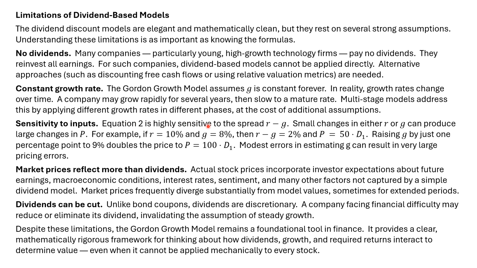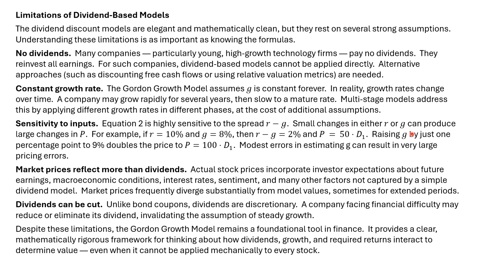Then there's sensitivity to inputs. Equation 2, and actually all the other equations that had R minus G in the denominator, are very sensitive to small changes. So I have an example here. If we have R equals 10% and G equals 8%, we take the difference, 2% or 0.02, and you divide that into 1, so you basically get 50 times D1.